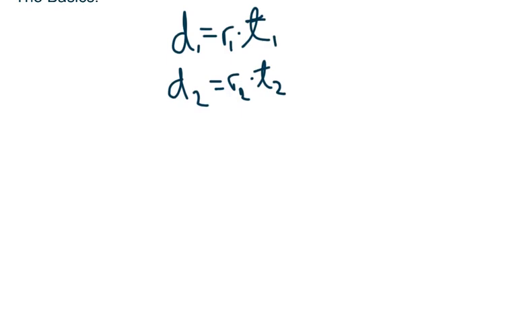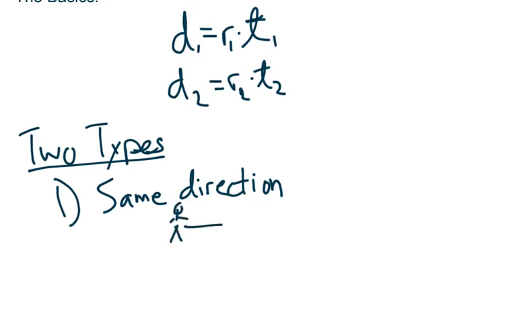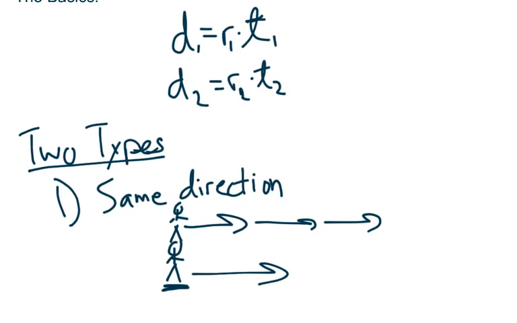The next thing is that we have essentially two main types of problems. There are others out there, but there are two big types that these problems tend to fall into. Type 1 is same direction. When we're talking about same direction, it's a situation where you have two people and they're going somewhere, but usually the second person waits a little bit and then ends up going much faster than the first person, and they have to somehow catch up to the first person.